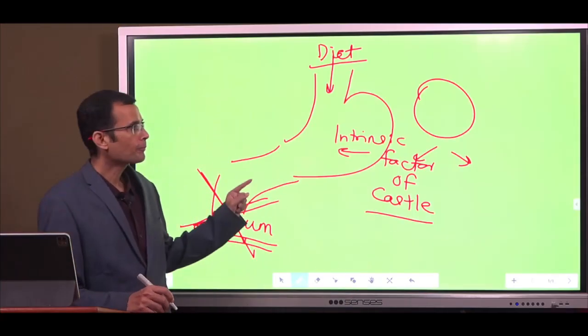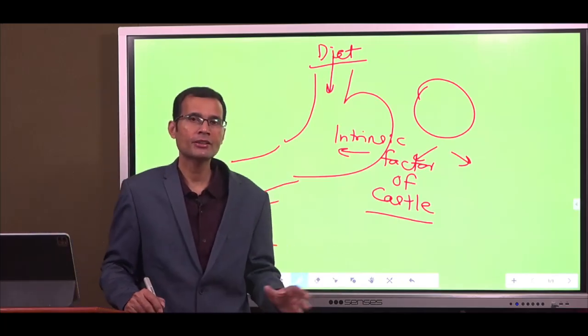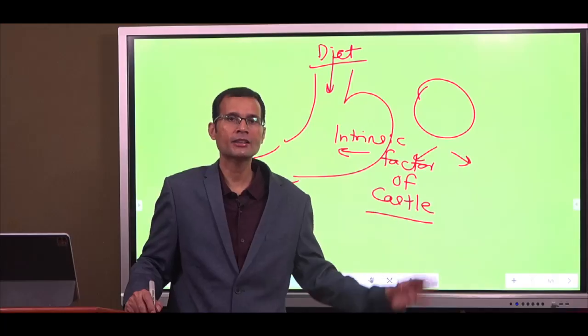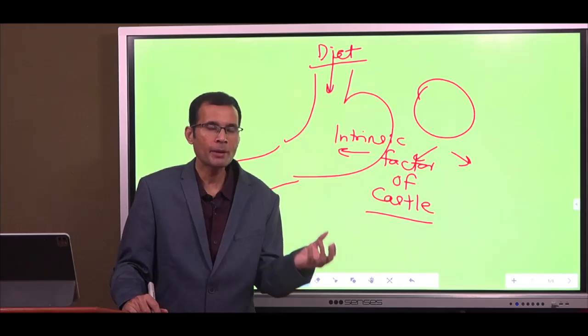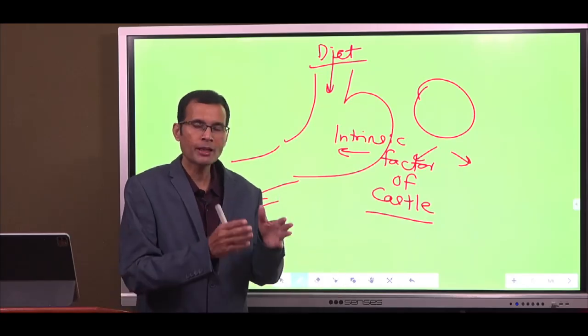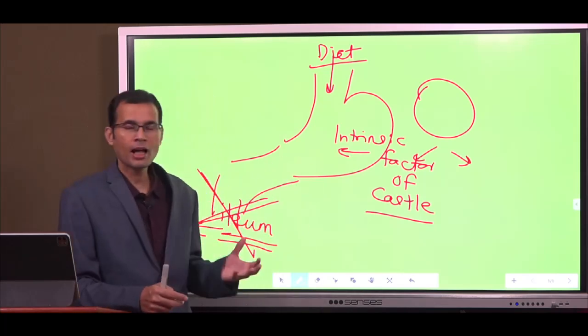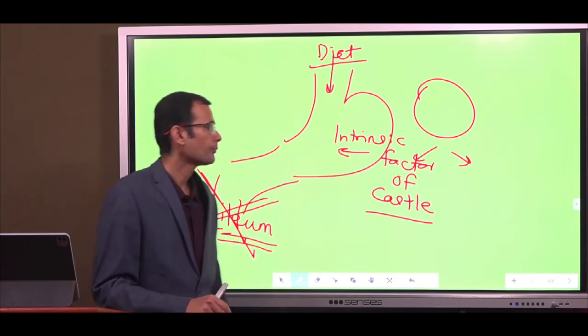So, this will result in megaloblastic anemia. It's a peripheral blood picture. If you see the peripheral blood smear, there are large immature RBCs.